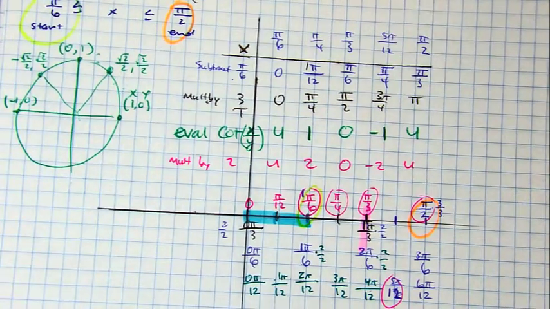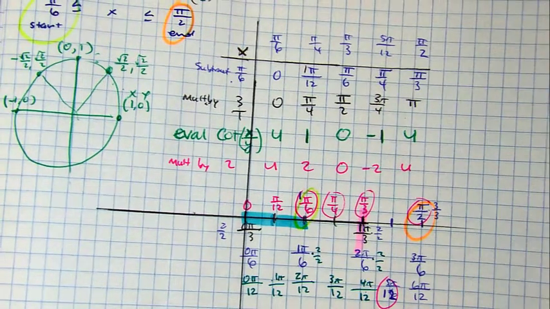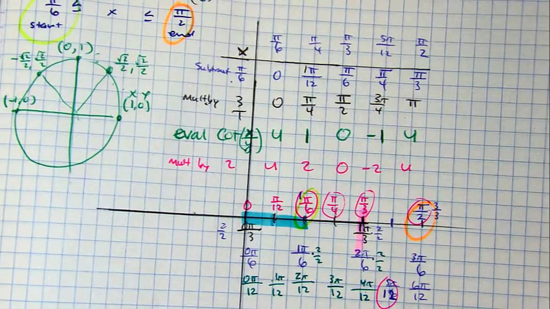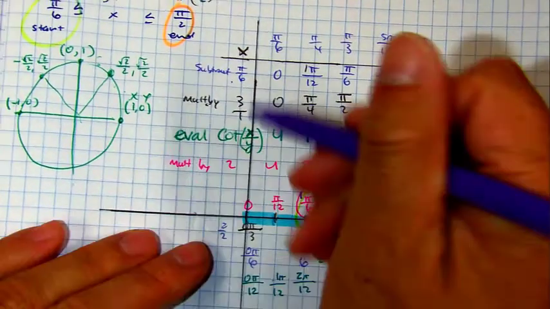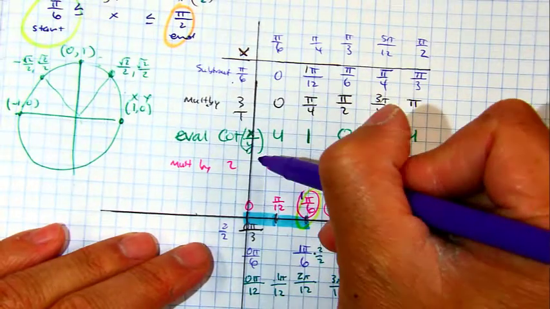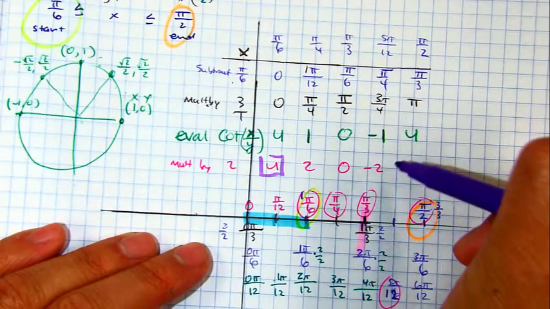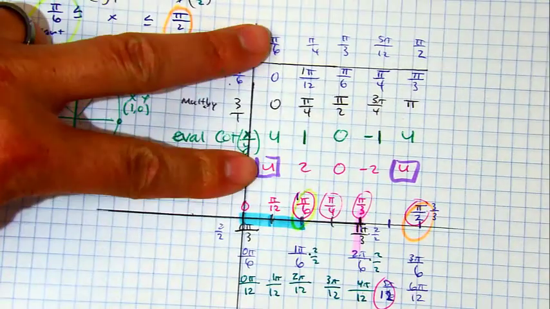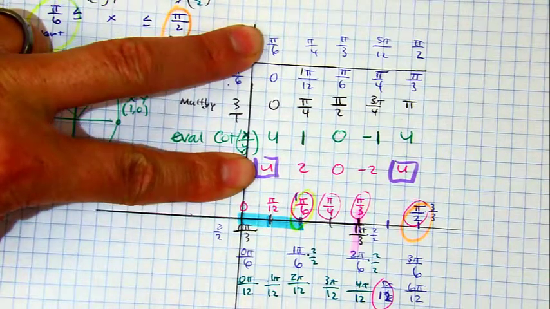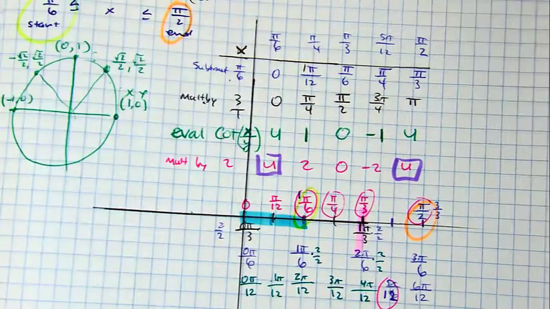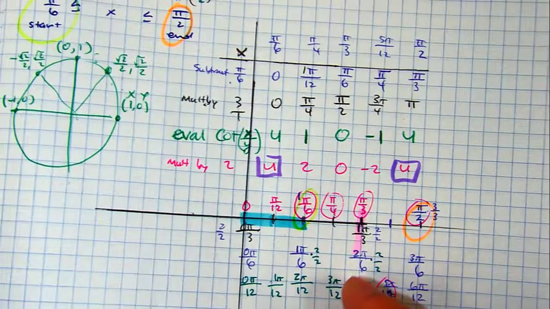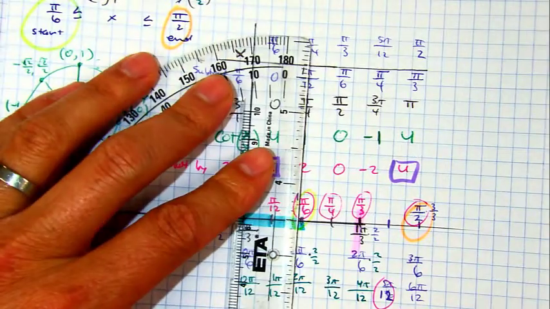Oh, I did my table too close to the graph. It's okay. Okay, at pi over 6, I'm going to draw undefined or vertical asymptote. Here is pi over 6. Here is my vertical asymptote.